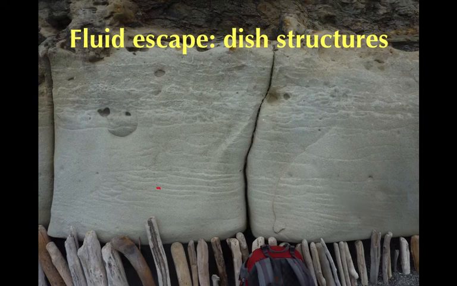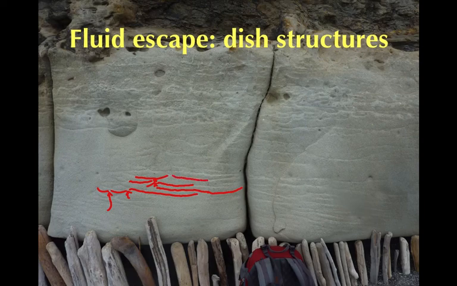So if you look carefully here, you can see some original layering in the sediment that in places is broken. So we've got some fluid escape pipes that are breaking those layers of sediment and escaping upward through the breakage.